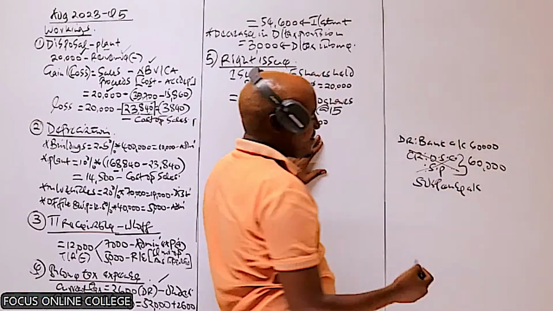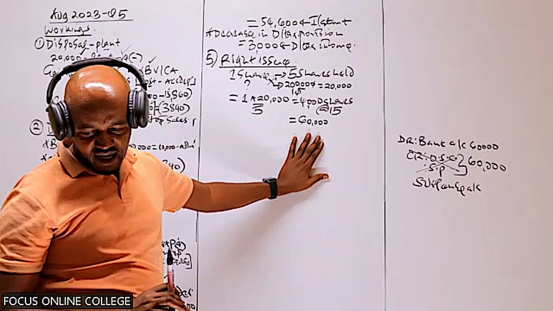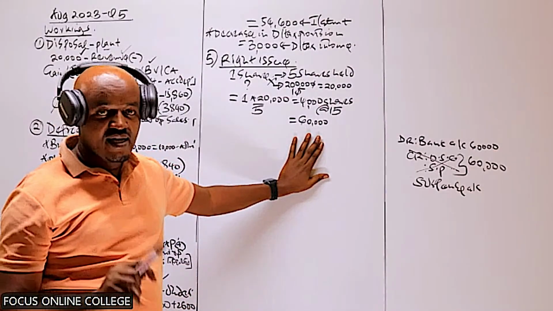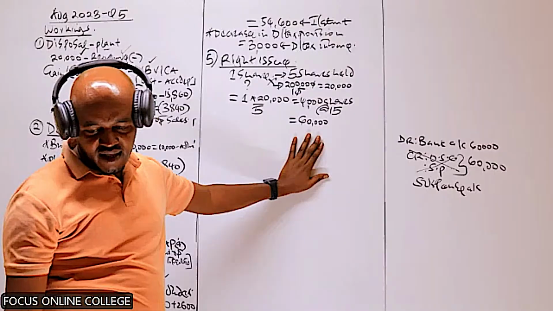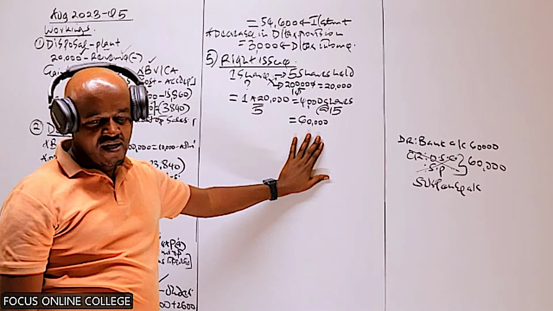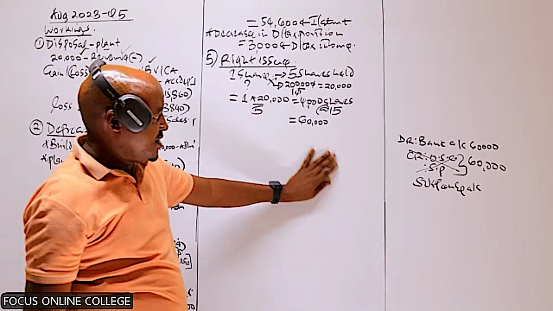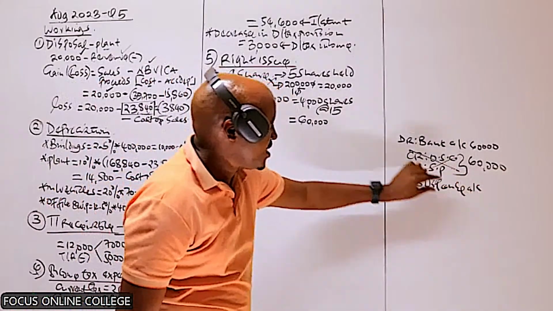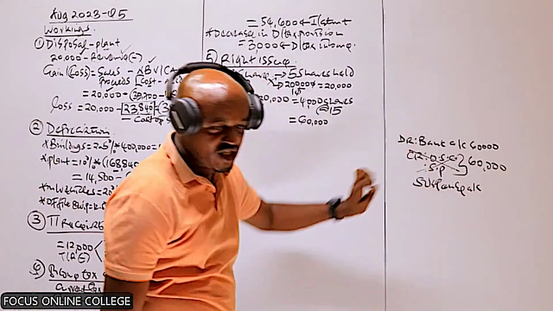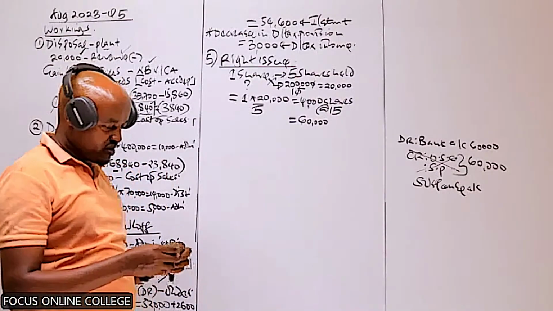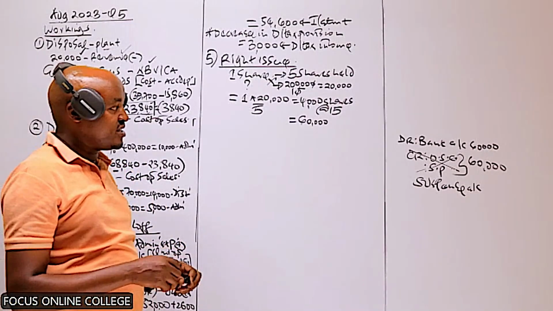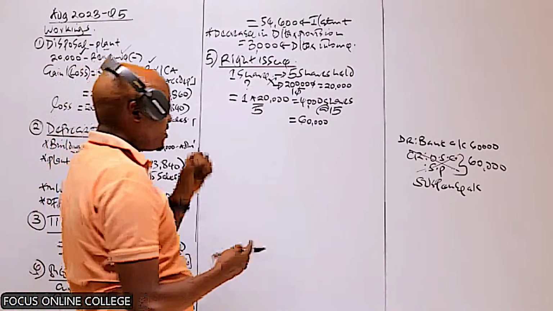That's why in the trial balance, the last item is a suspense account, and the amount credited there was 60. So we need to effect the correct accounting entry.